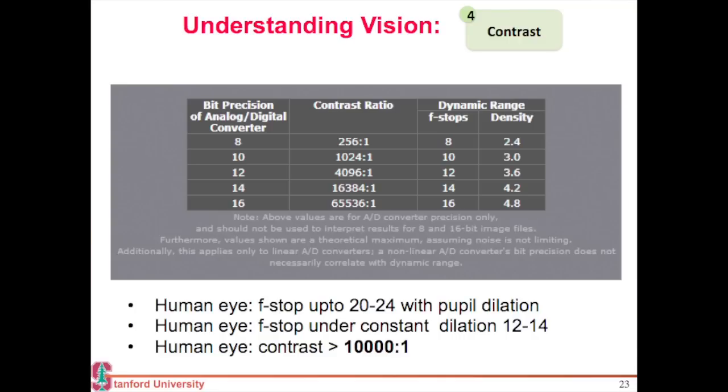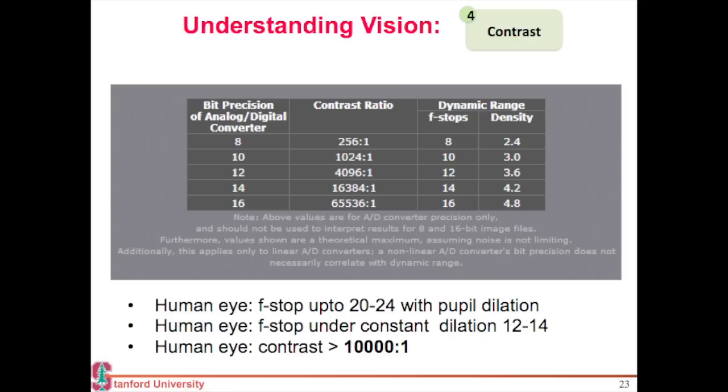Another thing we need to understand is how much contrast our eyes have. The dilation of our pupil actually increases our contrast quite a bit. This contrast is measured as f-stop: an f-stop of 8 means you have a contrast of 2 to the power 8, or an f-stop of 16 means a contrast of 2 to the power 16.